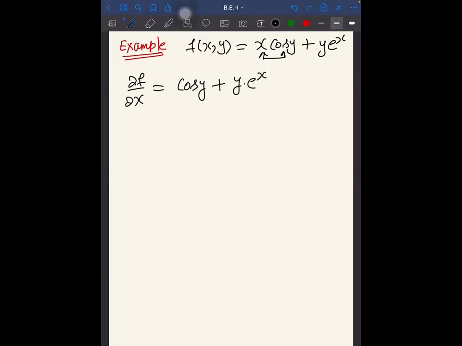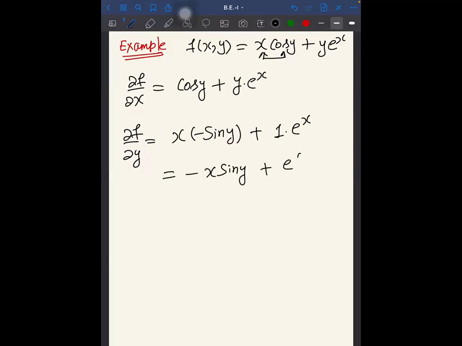Similarly, curly f upon curly y becomes x times minus sine y, because x is constant, plus the differentiation of y is 1 times e^x. So we are left with minus x sine y plus e^x.